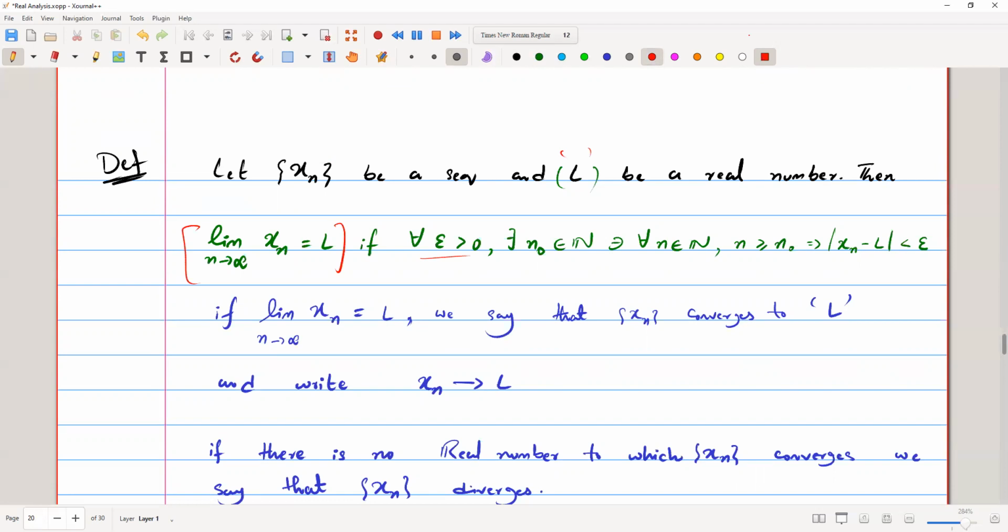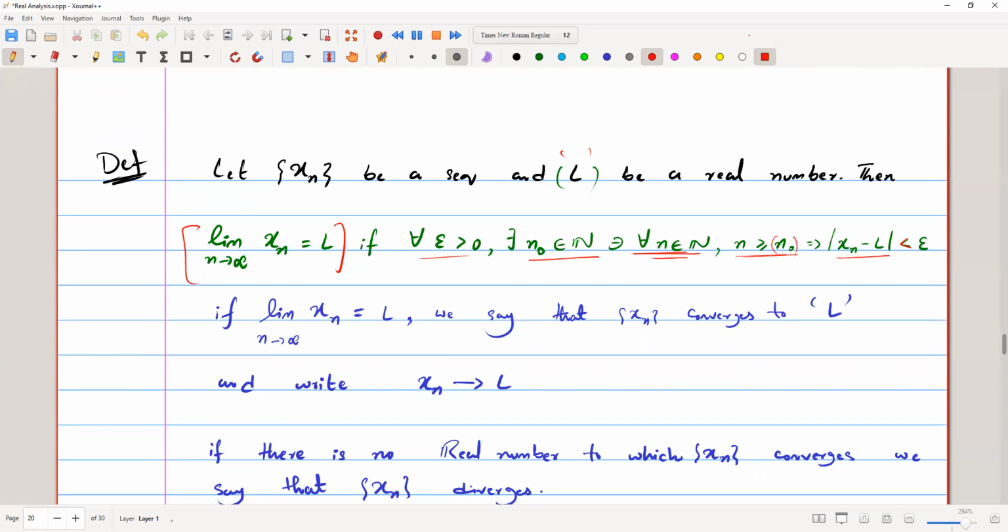Then there exists an n naught, some natural number n naught belonging to N, such that for all n belonging to the natural numbers (this is not strictly necessary to write here, but we are writing it for understanding), when n is bigger than or equal to n naught, it implies that the absolute value of xn minus L is less than epsilon.